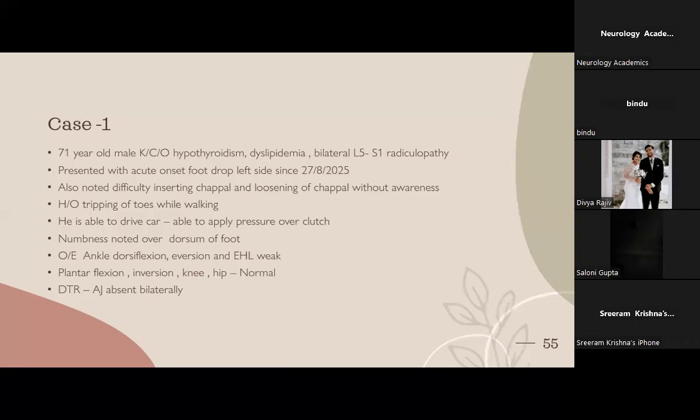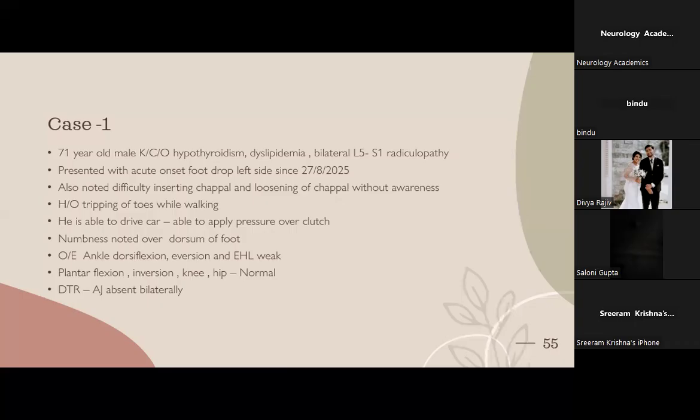So this patient already had bilateral L5S1 radiculopathy with paresthesia, and now presented with acute onset foot drop. He had difficulty inserting chappal, which could be due to dorsiflexion weakness. Then he had loosening of chappals without awareness, which may be due to the sensory numbness over the dorsum of the foot.